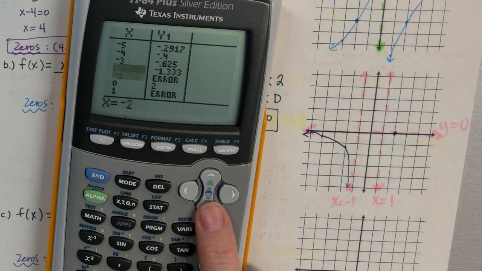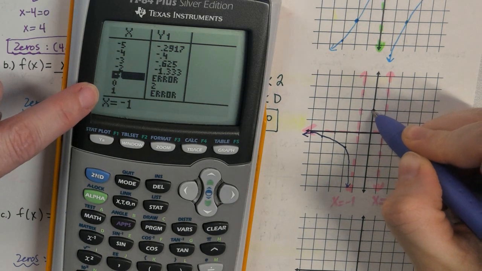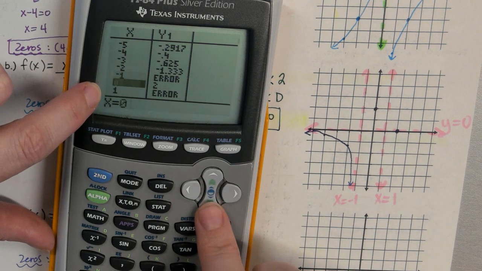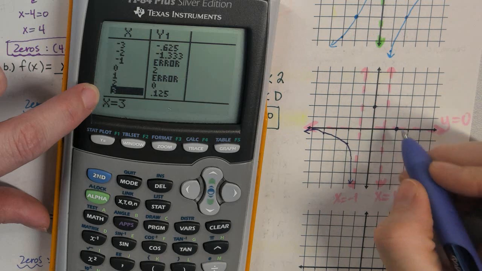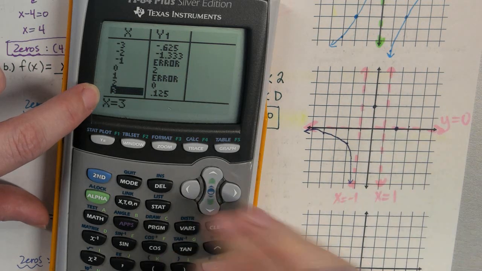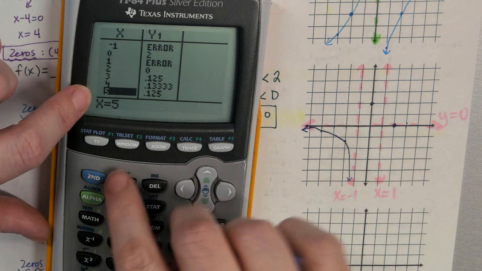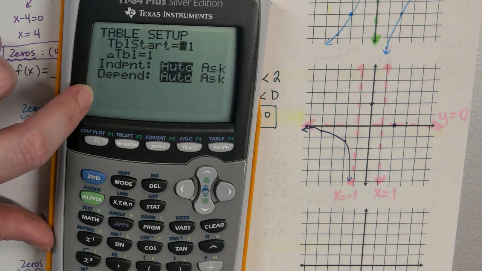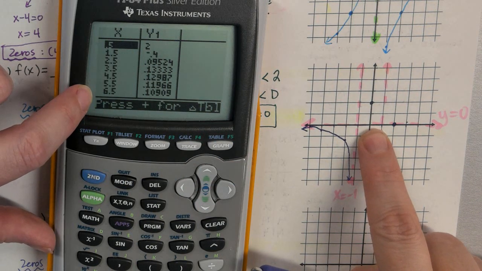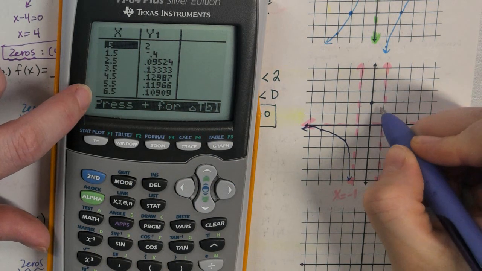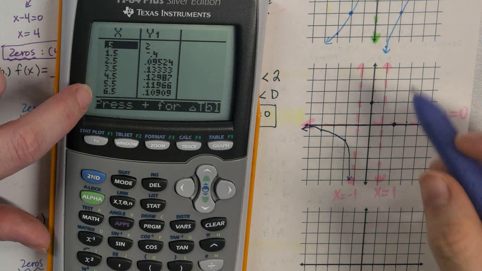Okay, so I have (0, 2) here. And then with this branch, I have (2, 0), (3, 1.25), and then these are really small because they're just above that line. So I am going to go to my halves. And at a half, it says I'm at 2, which means in between those I'm dipping down.